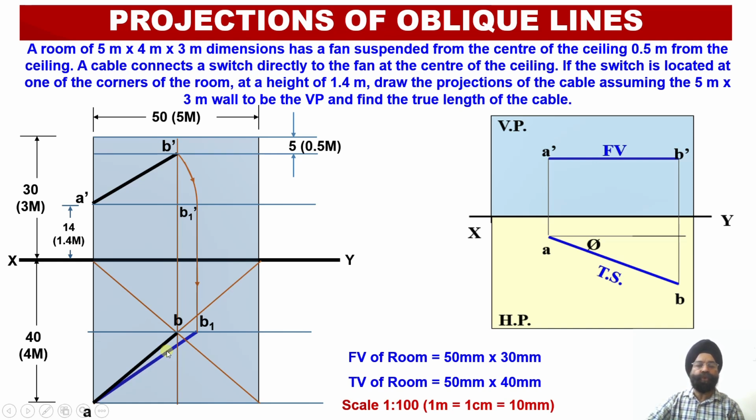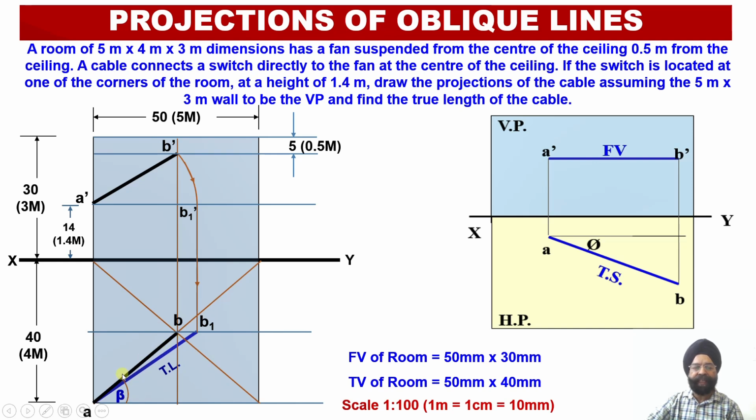These two will be distinguished because this is the apparent length and this one, it is the true length of the line. So AB1 gives me the true length of the electric cable which is going to join the ceiling fan with the switch over here.